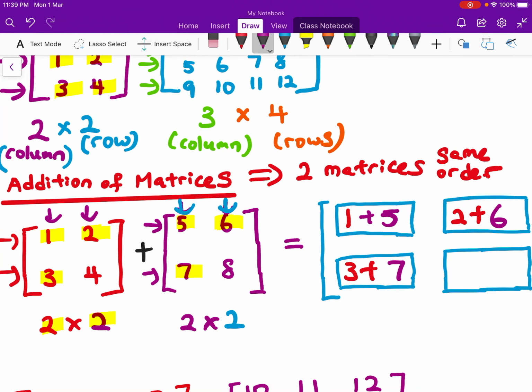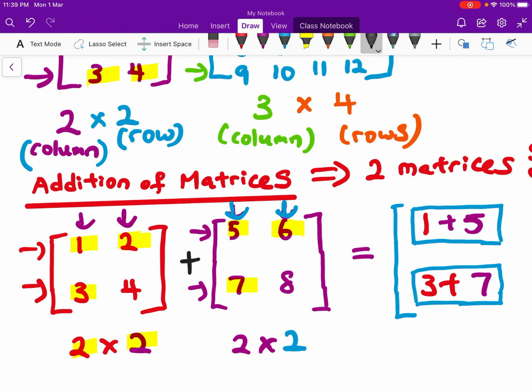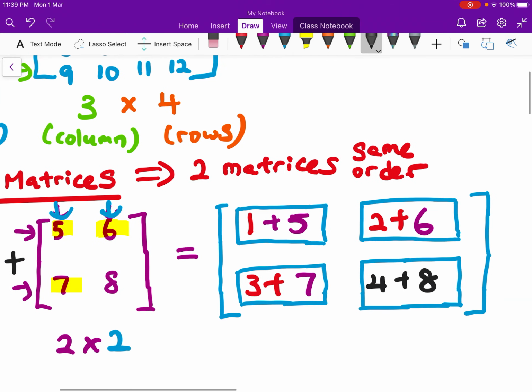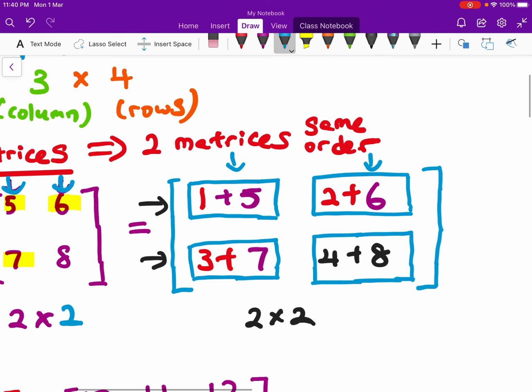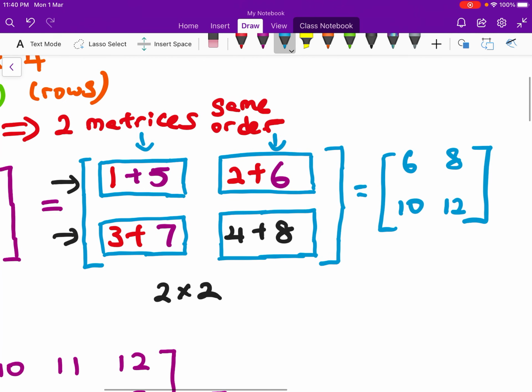The last one is our 4 and 8, so 4 plus 8. The resulting matrix should also be a 2 by 2 matrix, 2 columns and 2 rows. You should get 6, 8, 10, and 12. This is your addition of matrices, quite straightforward.